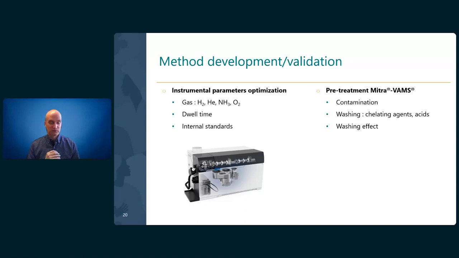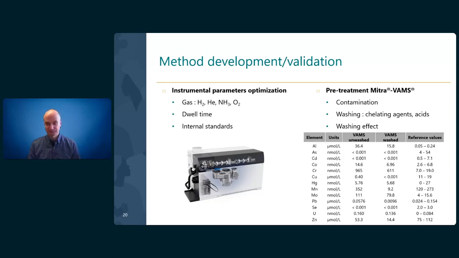We also checked the effect of washing, because of course we want to reduce the contamination, but we don't want to alter the capacity of the VAMS devices, the absorption capacity. So we want to make sure that they are intact after washing, after lowering the levels of contamination.